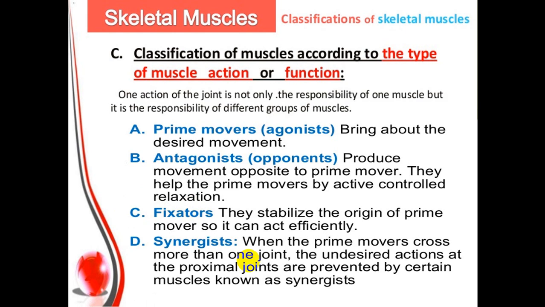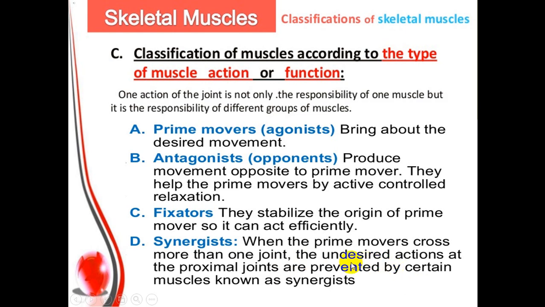Synergists are those muscles which help the prime mover by either acting as an accessory muscle or acting as a partial antagonist at joints which the prime mover is crossing before it is inserted close to the main joint.